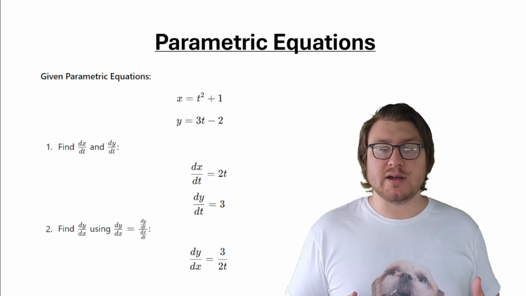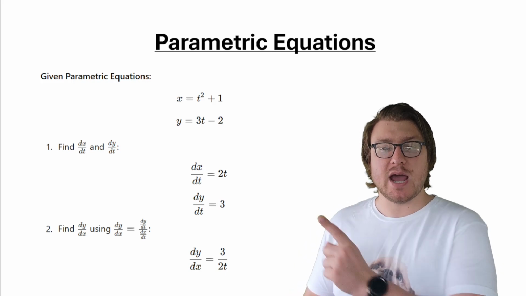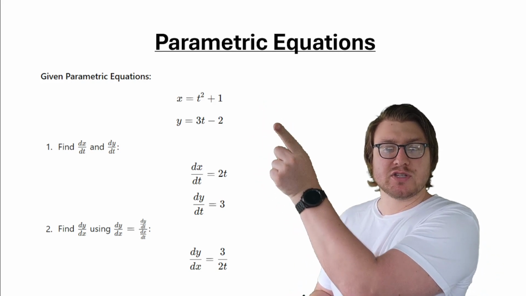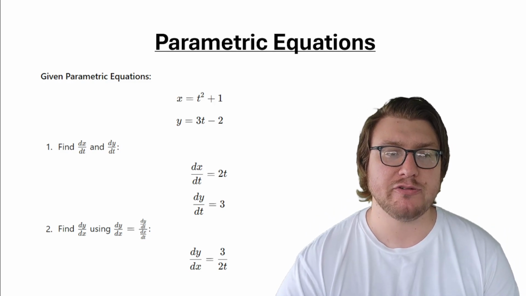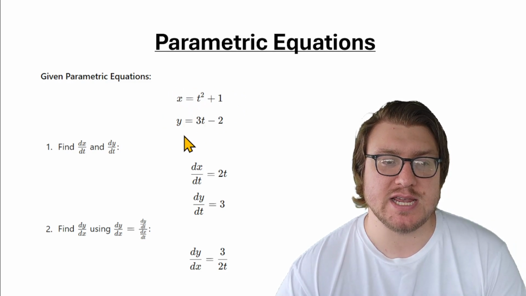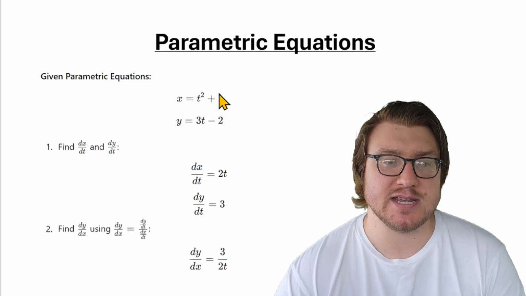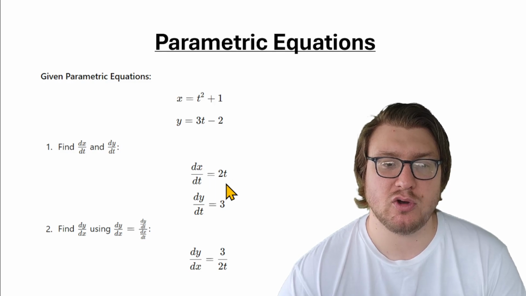So here we can just differentiate both of those equations, but now we have to differentiate with respect to t, because that is our variable. So in the first part, we're going to differentiate with respect to t, giving us dx/dt, and on the other side 2t. So we just differentiate as normal.